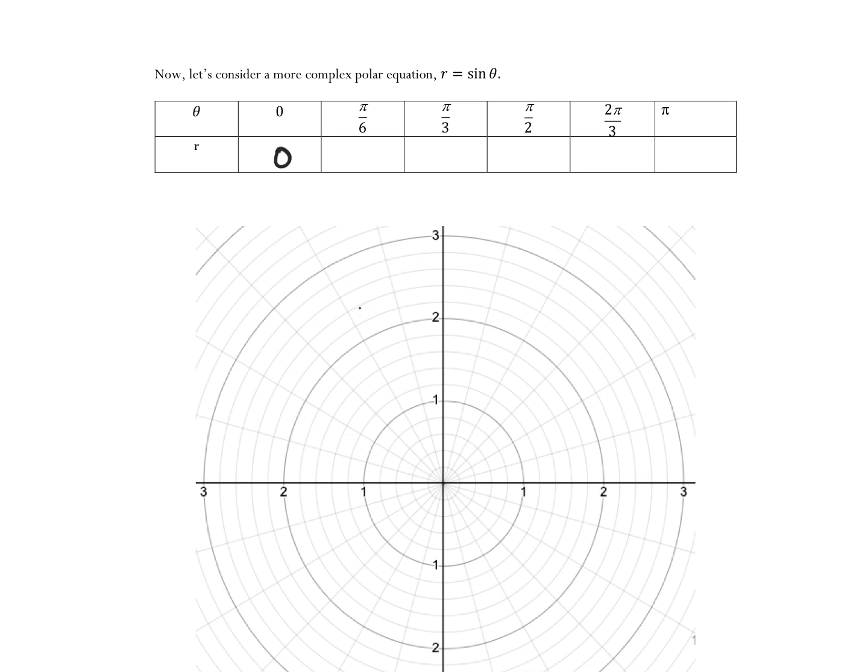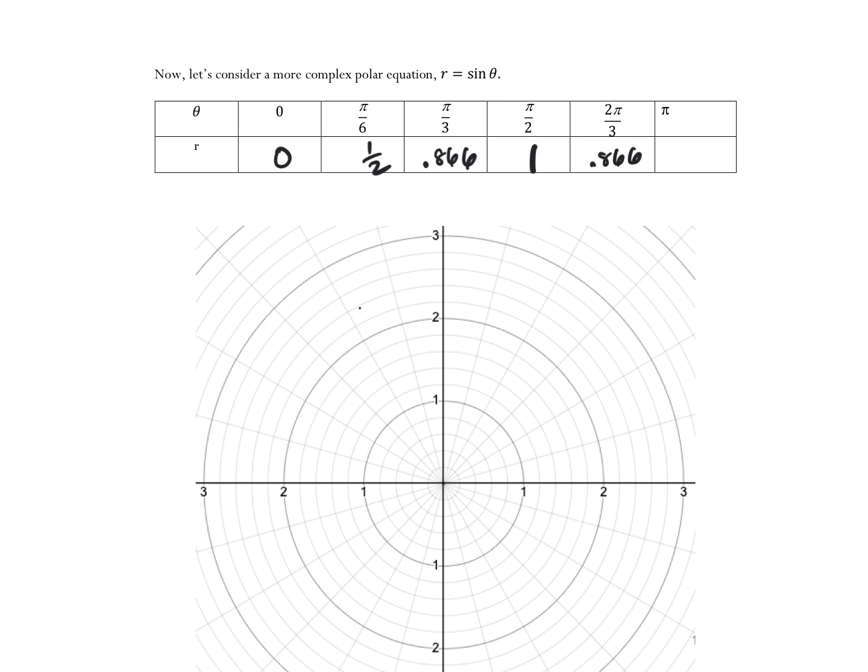And then the sine of pi over 6 is 1/2. That one's pretty easy. The sine of pi over 3 is root 3 over 2, thank you, Blake, 0.866. Sine of pi over 2 is 1. Sine of 2 pi over 3 is also going to be root 3 over 2.